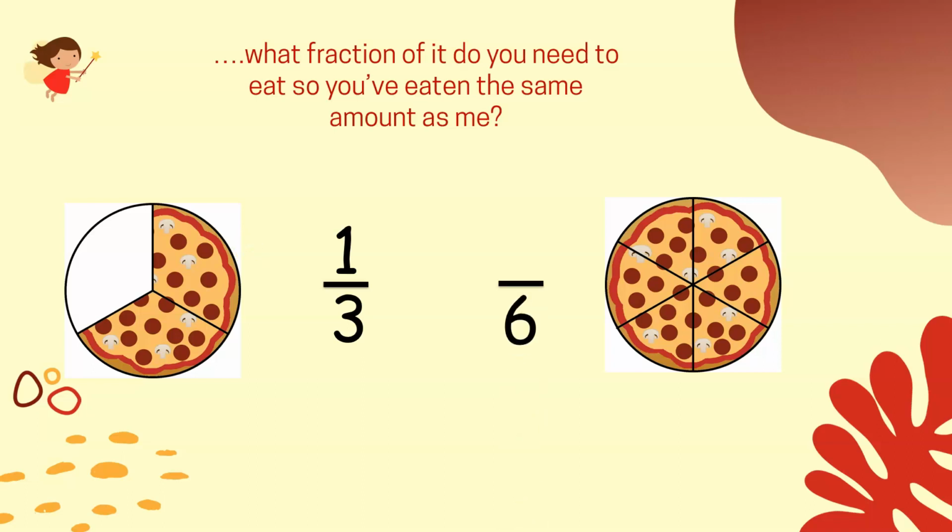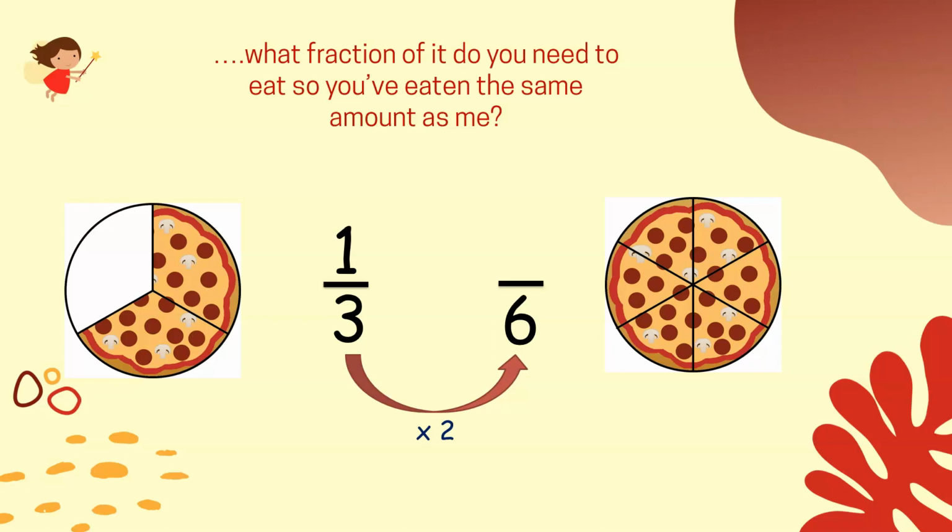Yours has been cut into 6 slices, so that's your denominator. 3 times 2 equals 6. So I have multiplied my denominator by 2 to get 6.